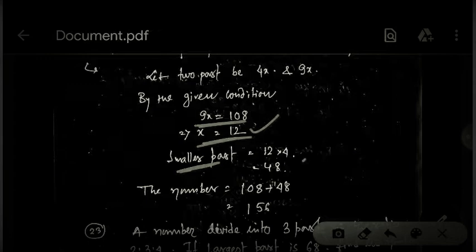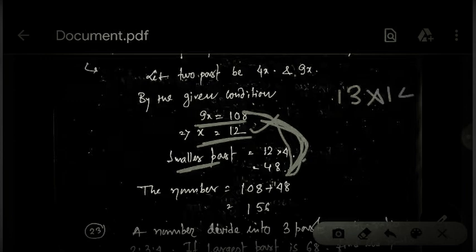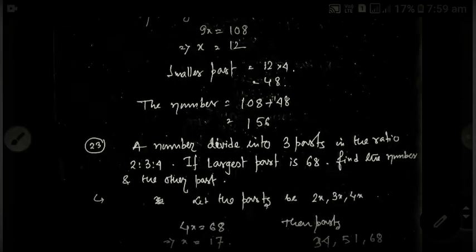You can find the number by adding the two parts, or you can also add 9 plus 4, that is 13. Then 13 times the value of x, that is 12, gives the actual number, 156. So in this way you can solve that question.